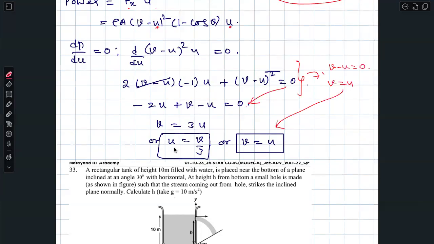At U equal to V by 3, power will be maximum. At U equal to V also, power is maximum.